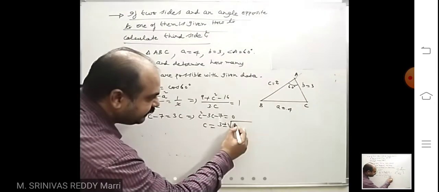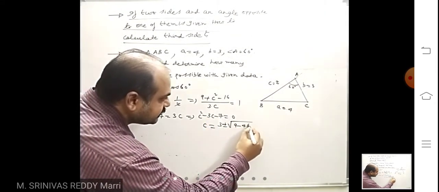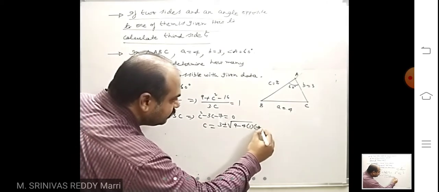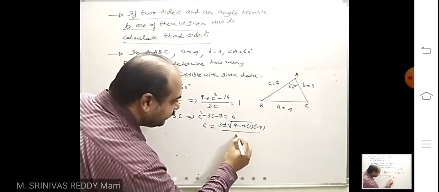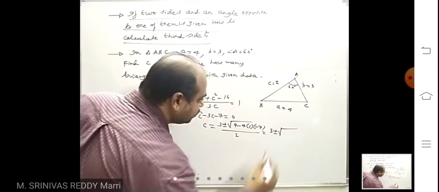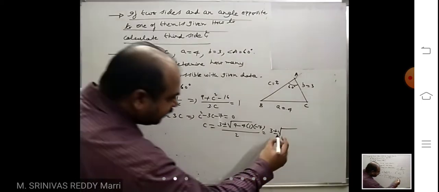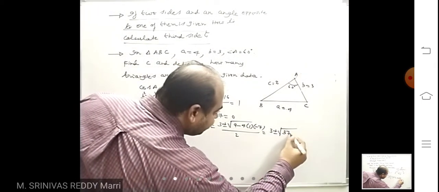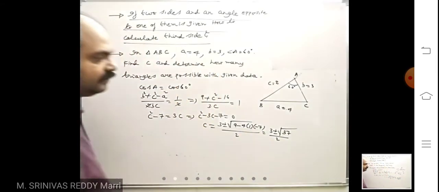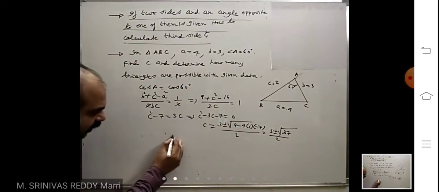What is the formula? Minus b plus or minus root of b square minus 4ac, divided by 2a. That means this is 3 plus or minus root of 37, divided by 2. Now you got two values.